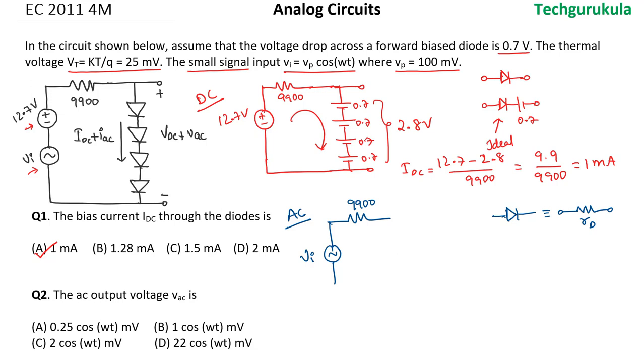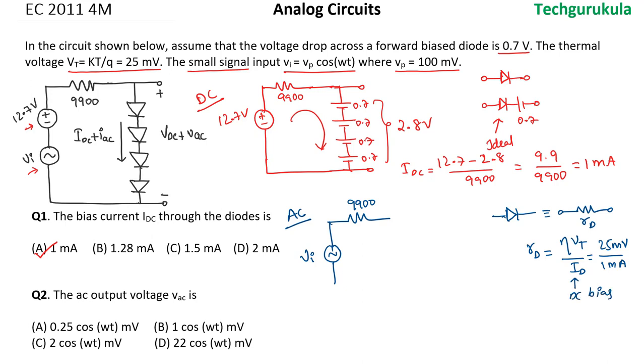We take RD. We know, of course, RD is equal to eta Vt over ID. When the eta value is not given, we take it to be ideal, which will be 1, times Vt given as 25 millivolts divided by ID, which is 1 milliampere as we have found, where ID is the DC bias current.